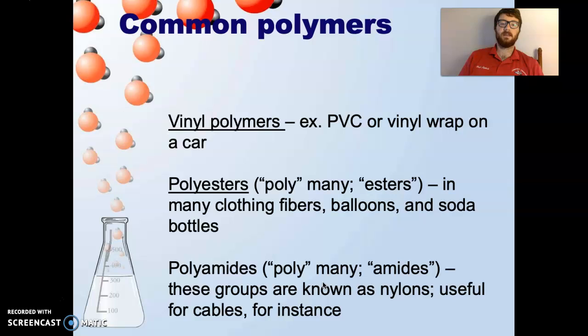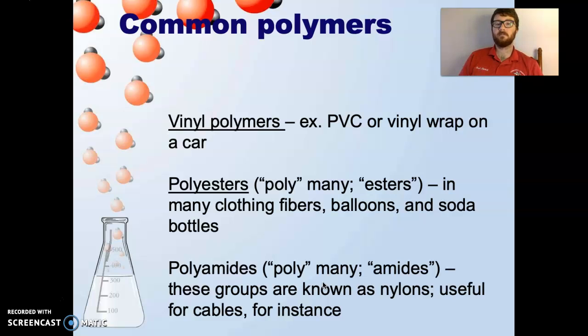These are used in many clothing fibers. Balloons are made of polyesters, so if you ever had a birthday balloon, these are a common polymer. It's not like it's natural. It's not like you can go out and find what they make birthday balloons out of in your backyard. It's not natural stuff. You do have to make it through polymerization.